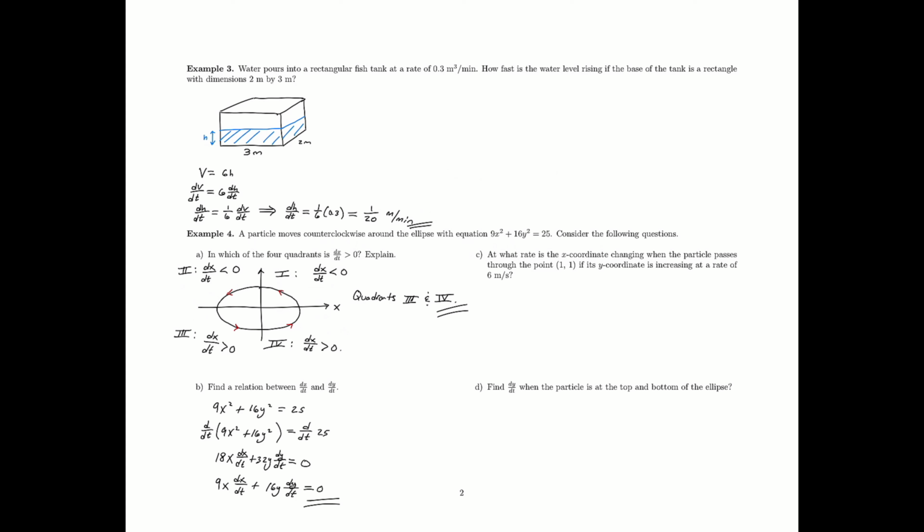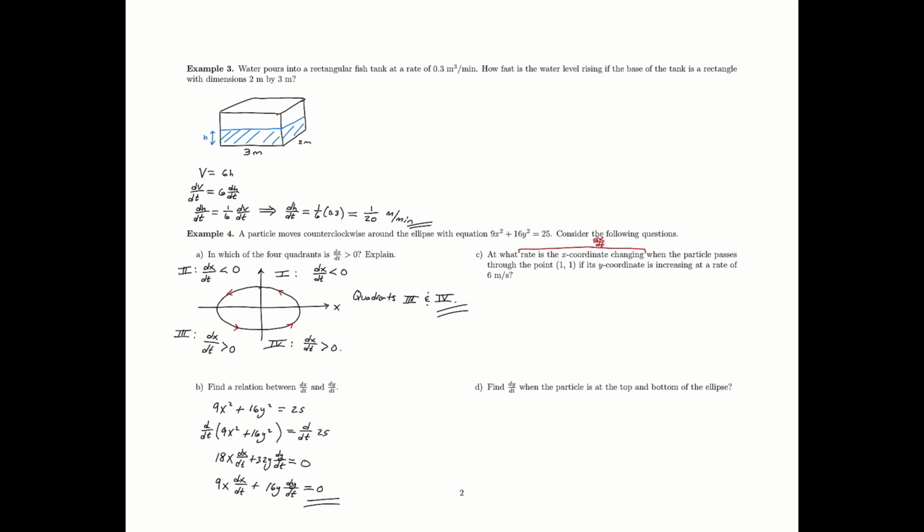Part C, at what rate is the x-coordinate changing when the particle passes through the point 1, 1, if its y-coordinate is increasing at a rate of 6 meters per second? So the rate at which the x-coordinate is changing is dx dt.